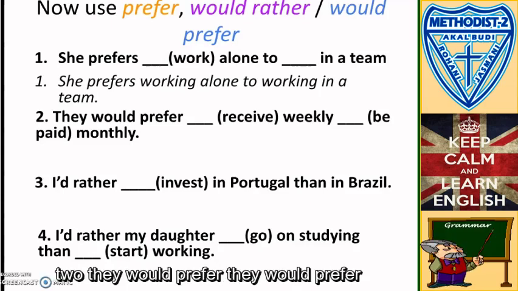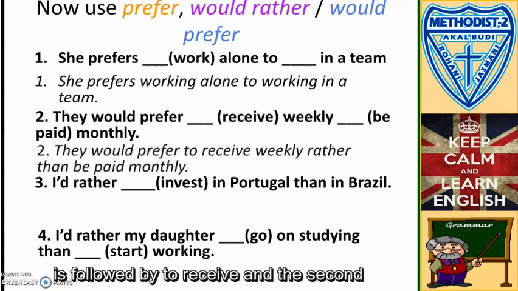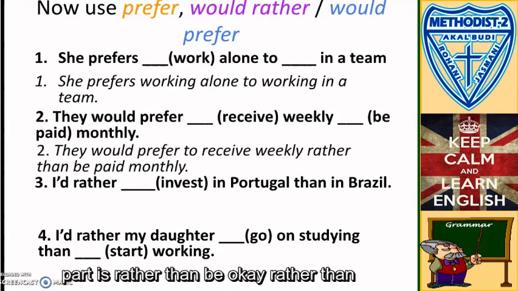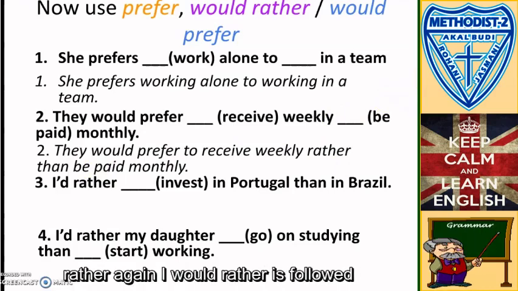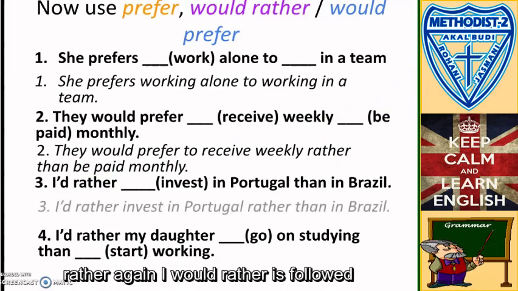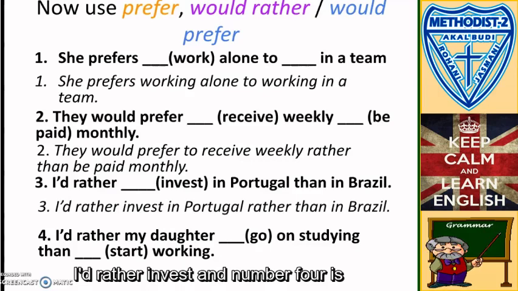Number two, they would prefer is followed by to receive, and the second part is rather than be, okay, rather than, and the bare infinitive. Number three, I'd rather, again, I would rather is followed by bare infinitive, I'd rather invest.